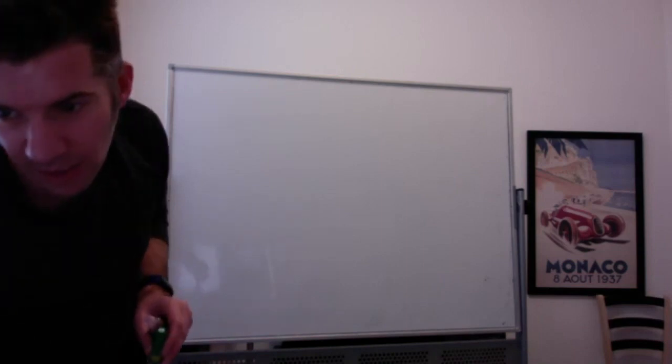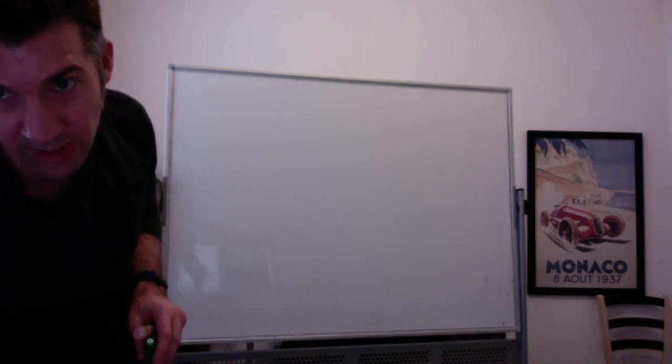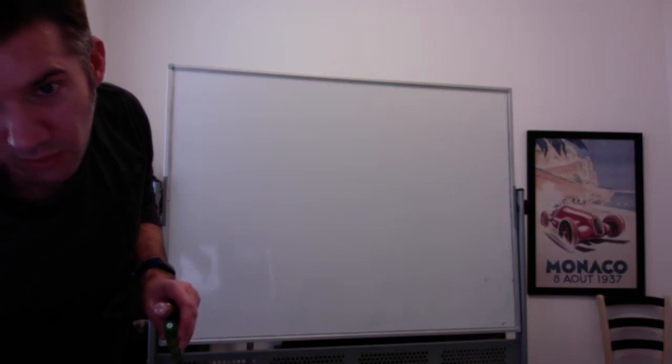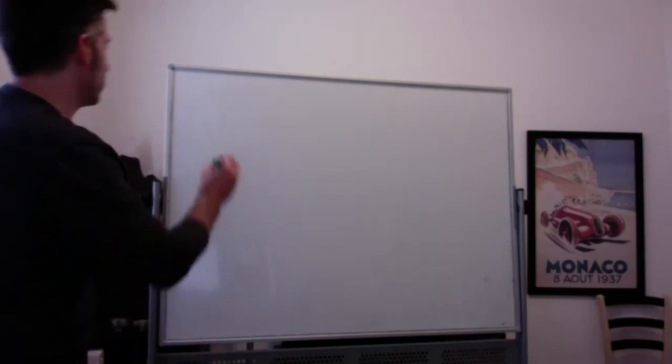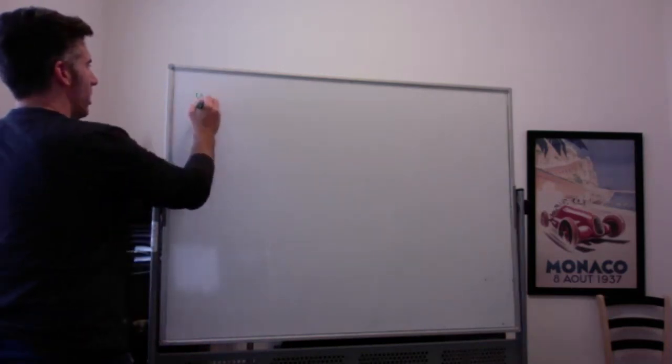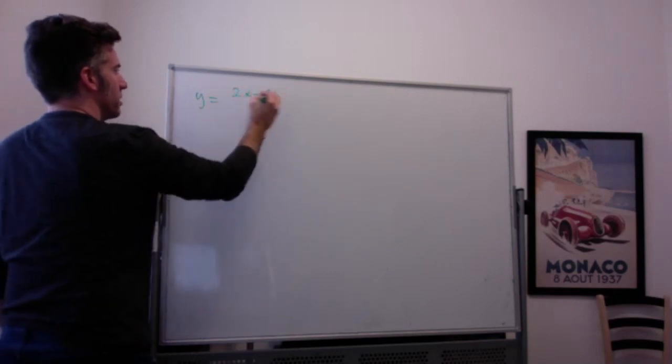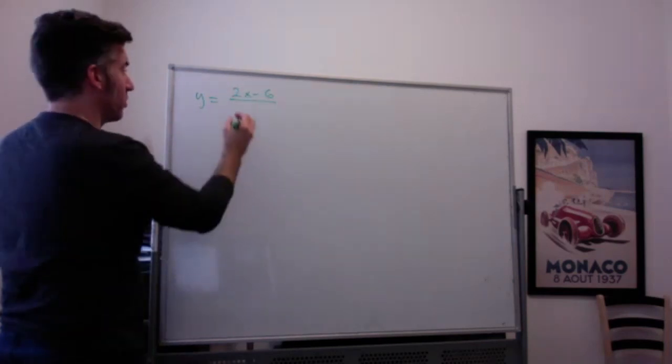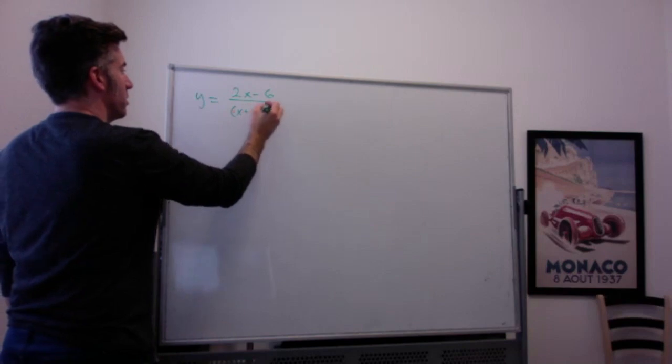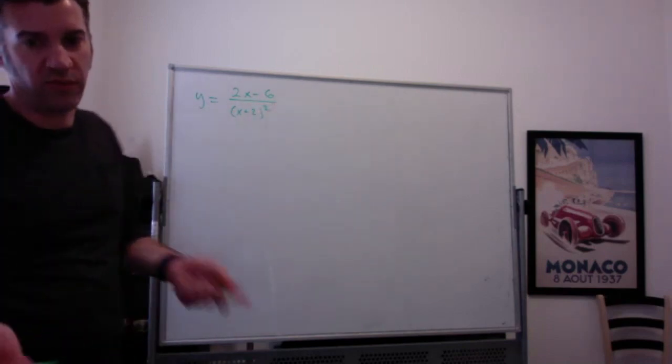So let's do this one. I'm going to skip the second to last one on the what we did in class notes. OW 2020 is what I'm looking at. And I'm going to graph the last one: y equals (2x minus 6) over (x plus 2) squared. Again, we find all the things.